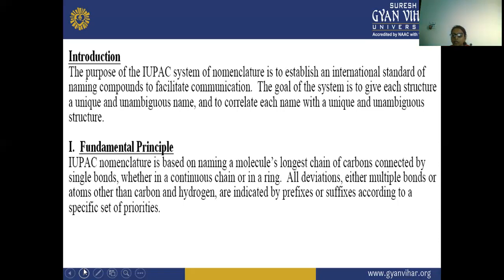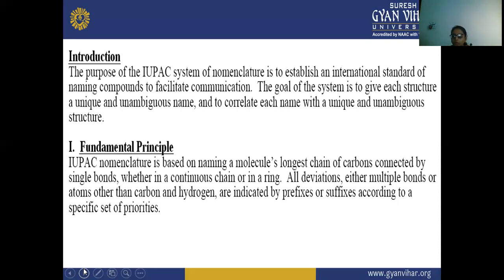And the goal of the system, means the goal of the IUPAC nomenclature system, is to give each structure a unique and unambiguous name, and to correlate each name with the unique and unambiguous structure also.